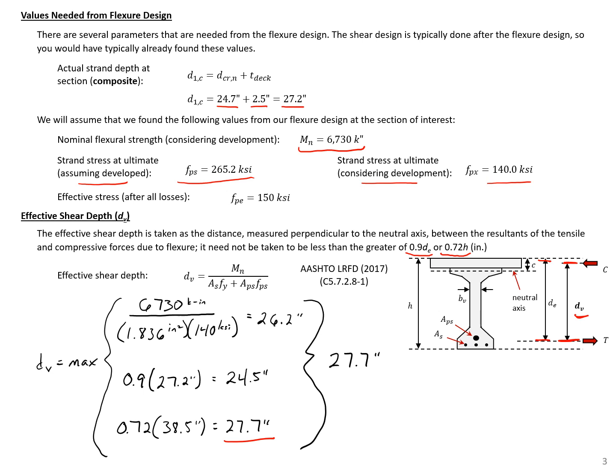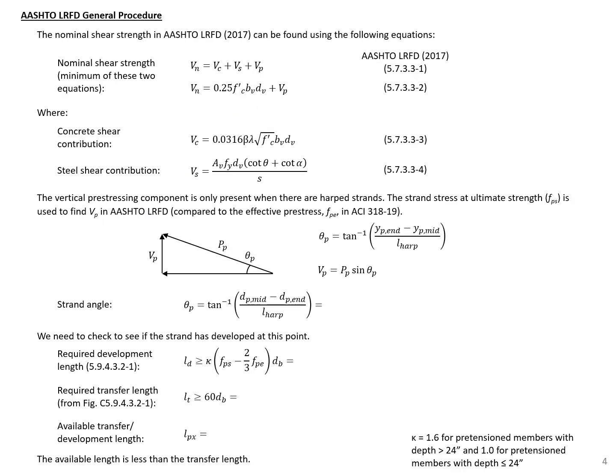So this will be the dv that we use for both our concrete and our shear design and analysis. We're now ready to find our nominal shear strength using our AASHTO LRFD expressions. So we'll need to find Vn as the minimum of these two equations, where Vn is either equal to Vc plus Vs plus Vp, or 0.25 f'c bv dv plus Vp.